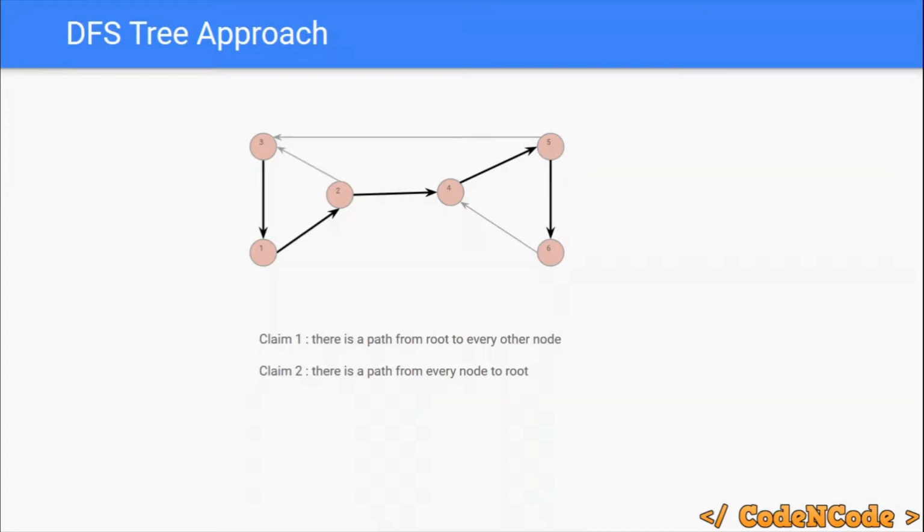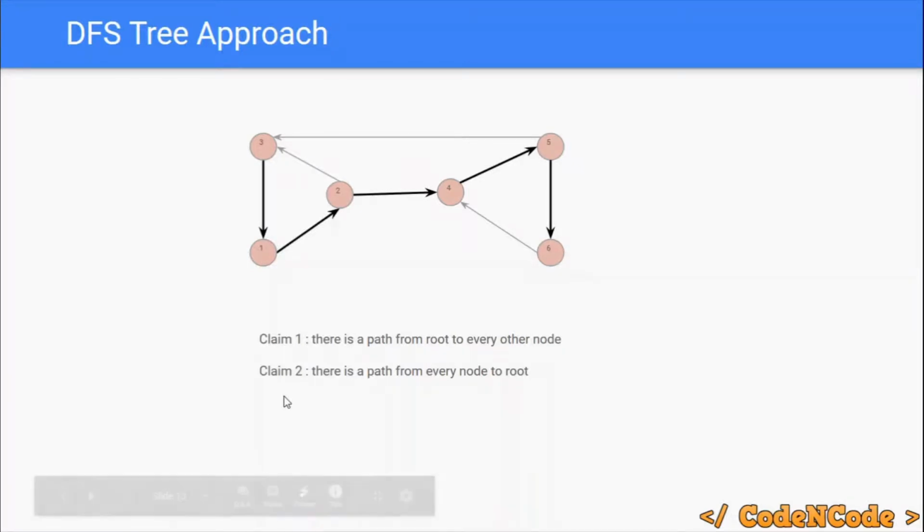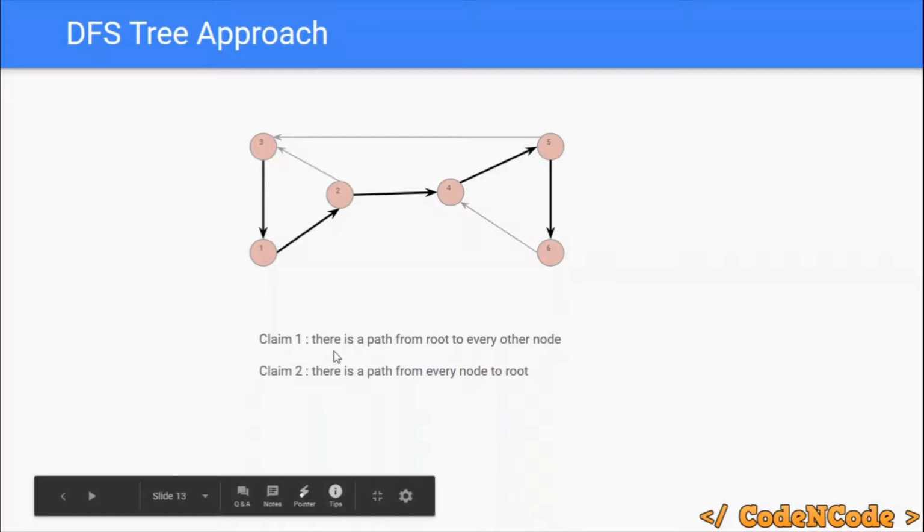So every path uv you can break into u to 3, 3 to v, or u to root, root to v, because claim 2 says that there is a path from every node to root, so u to 3 would exist. Claim 1 says that there is a path from root to every other node, so 3 to v would exist.